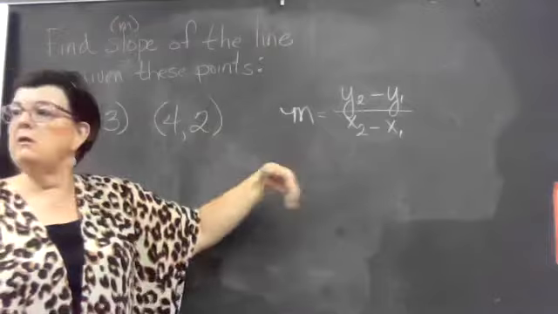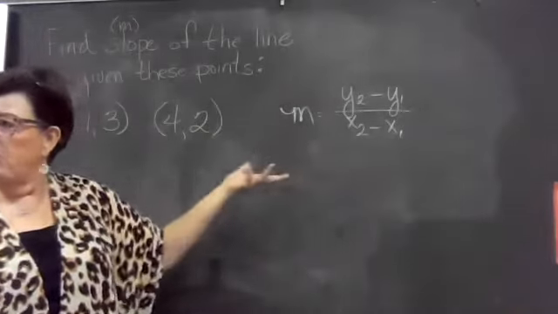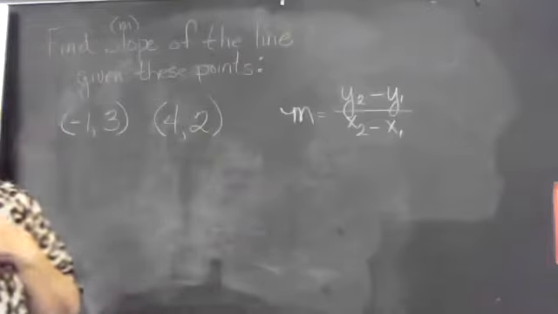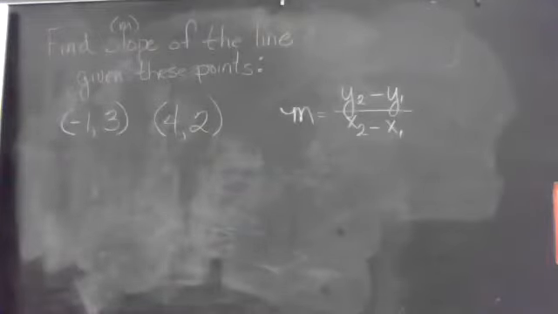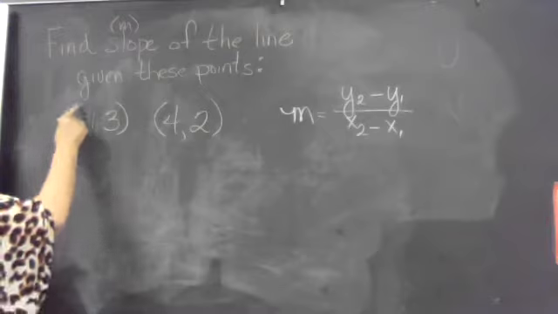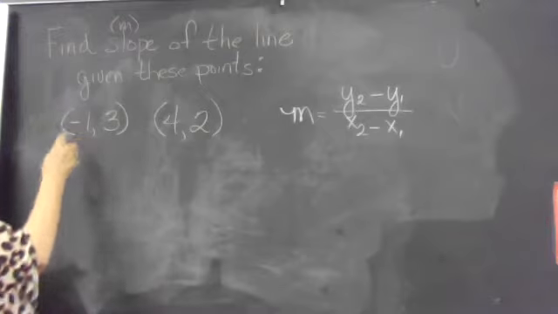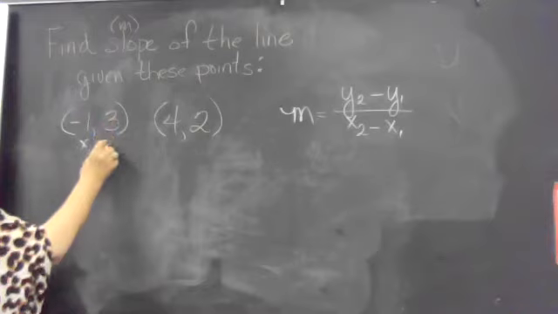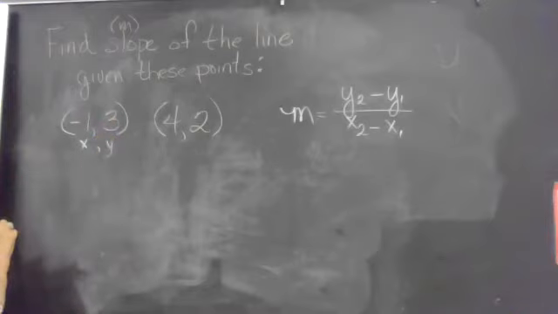That's cool, and it looks pretty easy, but where do all these letters come from? So now we're going to look at our 2 points. We found out that the first coordinate in a point is always your x coordinate, and the second one is always your y.